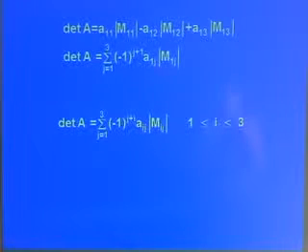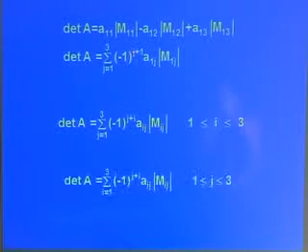Now for A1j, M1j, the sign which is to be taken is minus 1 raised to power j plus 1, and this is when I expand around the first row. But as I told you, this can be done for each and every row or column.